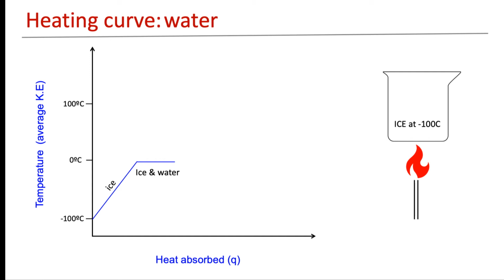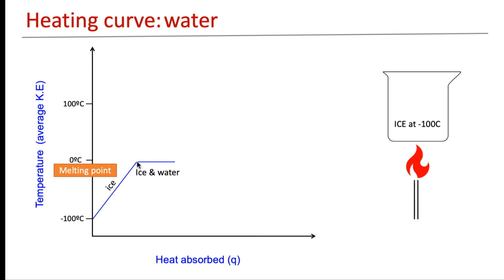Since the average kinetic energy of the system does not change during a phase transition, we don't see any change in the temperature. This temperature at which a solid melts into liquid is called the melting point. And for water, the melting point at 1 atm pressure is 0 degrees Celsius.